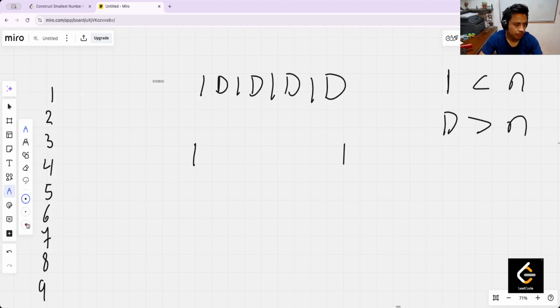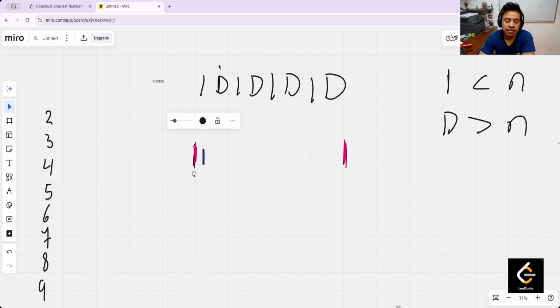I will change the color of this because I will be confused with the I together. Now, for example, I am here. The first is this, which means that the next should be greater. I think that I can take this and put here. Now the next is this.